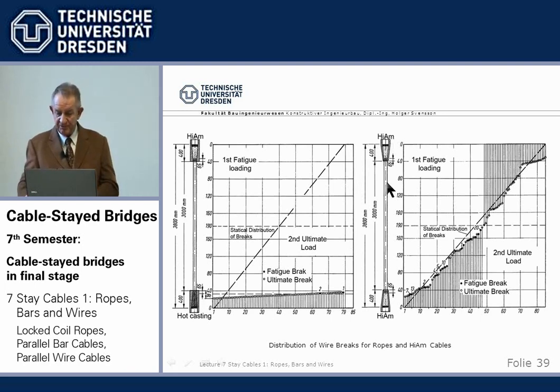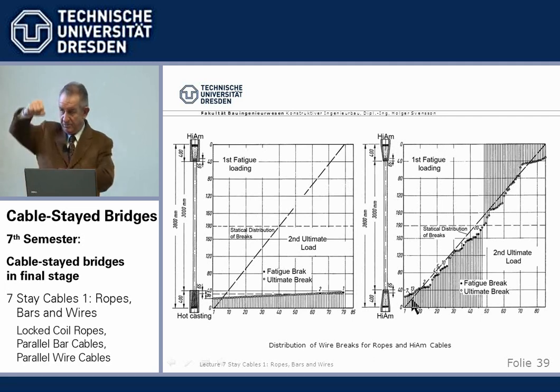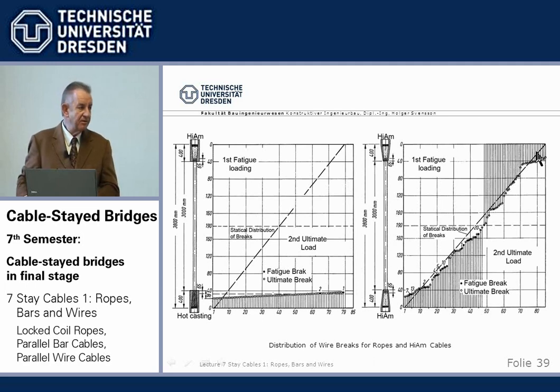Whereas if we have the HiAm anchors and we pull them after the fatigue, the distribution of the wire breaks is statistical over the free length of the cables, which means the fatigue strength is not diminished at the anchor heads, but the strength here is the same as over the free length.